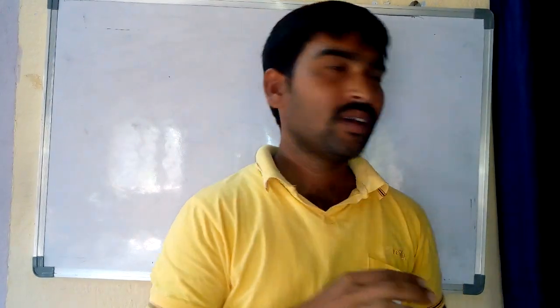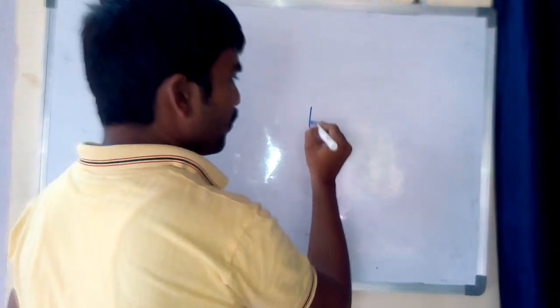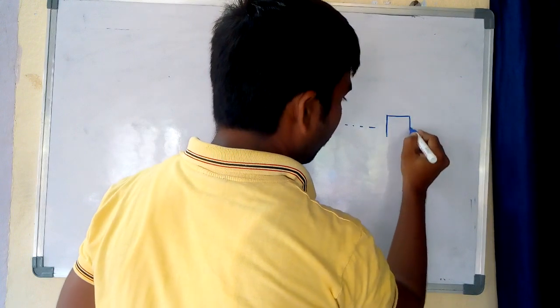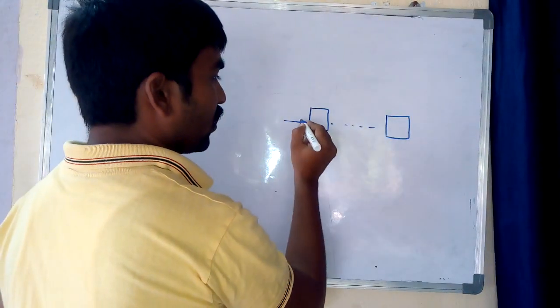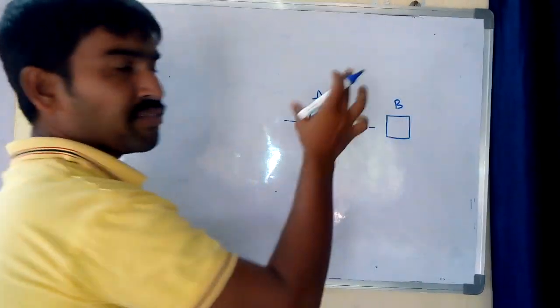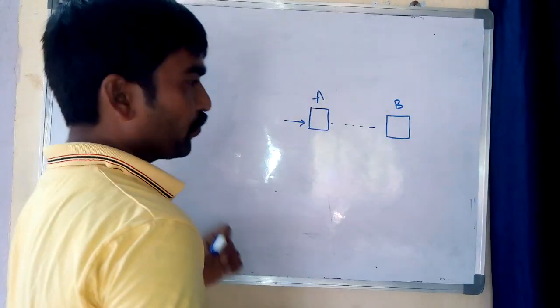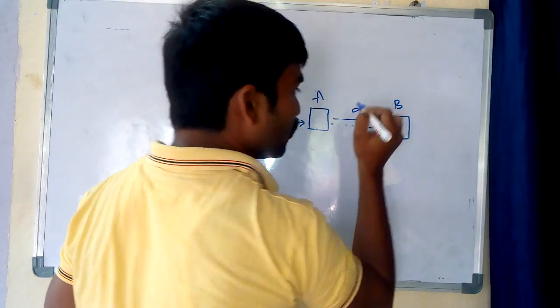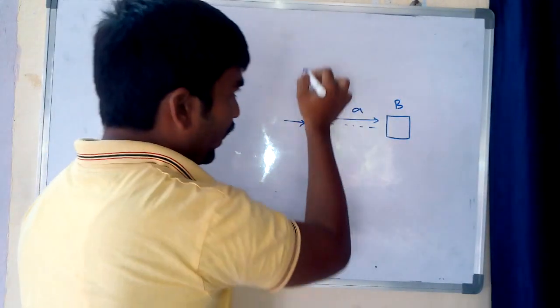Suppose a body moves with a certain velocity. It starts from A and it reaches point B. So here the acceleration is due to which direction?